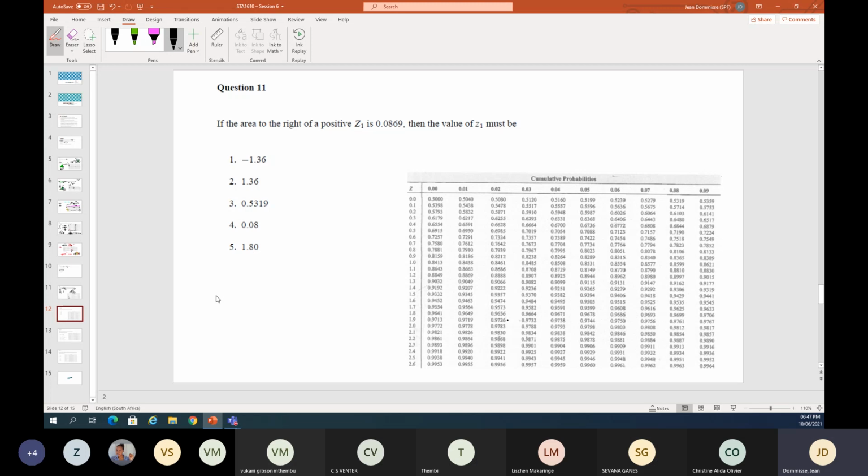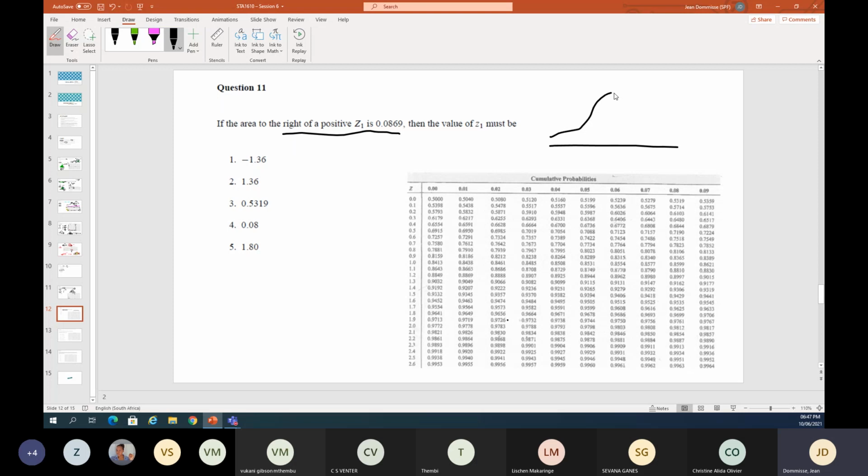Okay, so this is also a question that they like to ask, nearly asking it in the reverse. So if the area to the right of a positive Z is 0.0869.